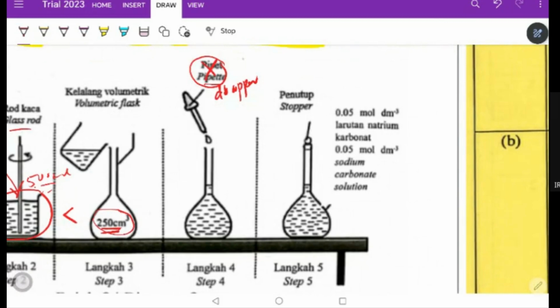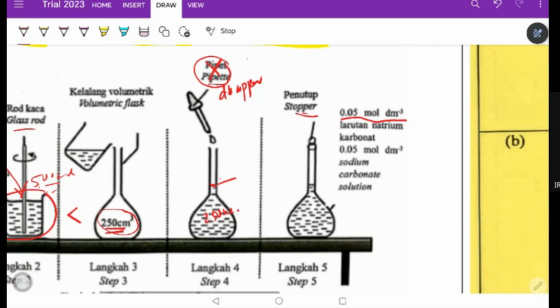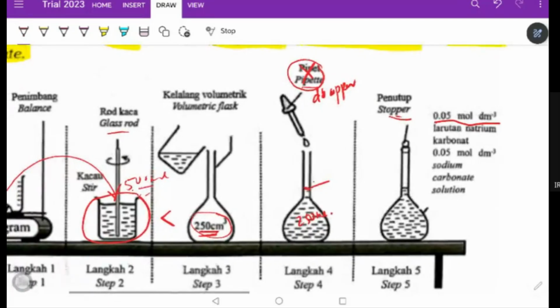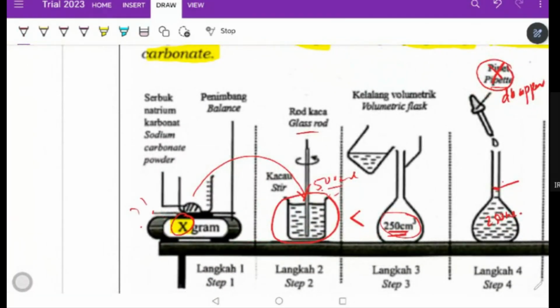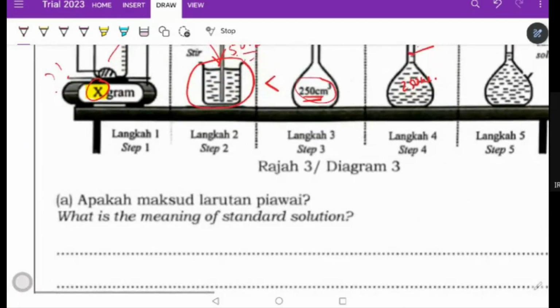Then drop it until the calibration mark, so it is 250 ml. Then stopper it and invert it a few times. Then you get the concentration 0.05 mol per cubic decimeter. Now if we work reversely, what is the X? Later, I think the question will definitely ask you.